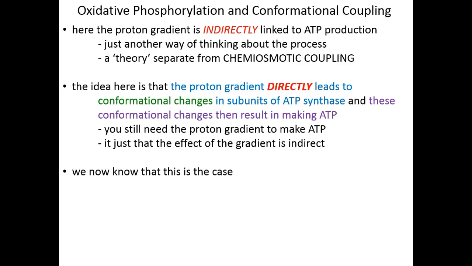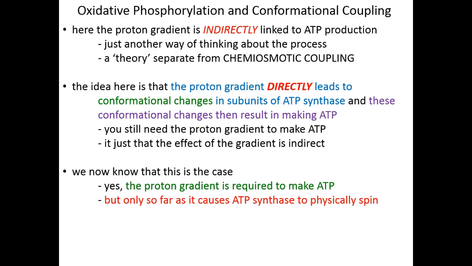We now know, through many, many studies, that conformational coupling is the valid model. This is how ATP production works. Yes, the proton gradient is needed to make ATP under normal cellular circumstances, but the only thing that the proton gradient causes is a physical change or conformational change in ATP synthase.